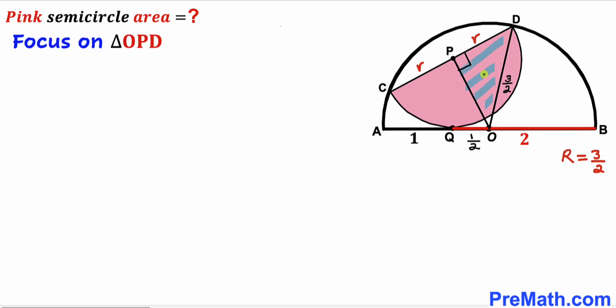Now we are going to focus on this right triangle OPD, and apply the Pythagorean theorem. Here's our Pythagorean theorem: a square plus b square equals c square. In our case, our hypotenuse is 3 divided by 2, whereas our two other legs are lowercase r and side OP.